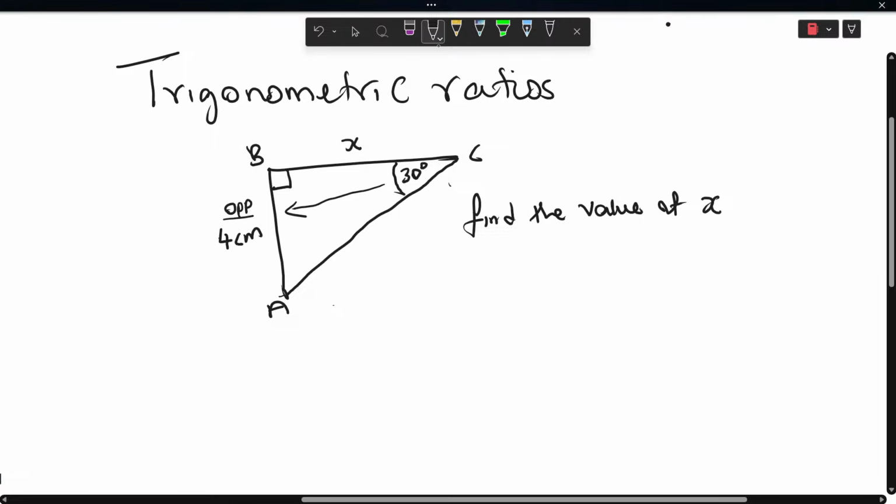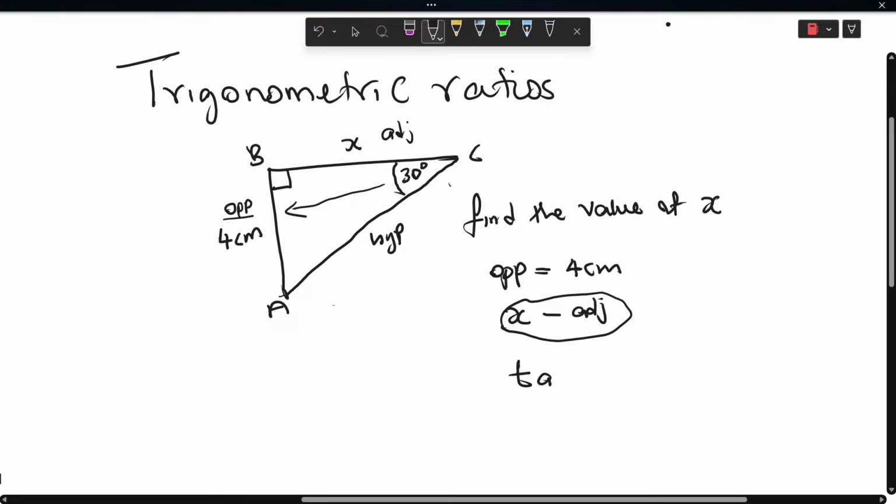This one is your hypotenuse, and then this one is your adjacent. Now, in this case, which trig ratio are you going to use? You're going to use the information you have. My opposite is 4 centimeters. I'm also having X as an adjacent. Then I'm also having an angle, which means I'm going to use tan.